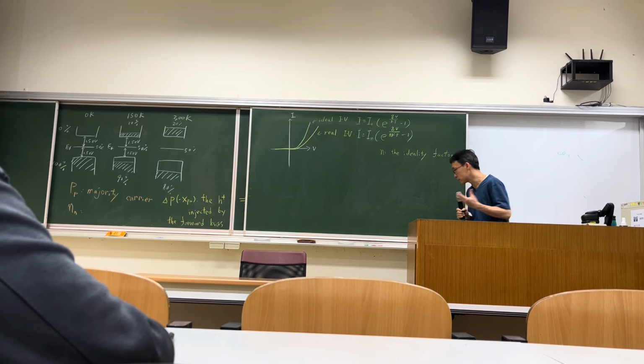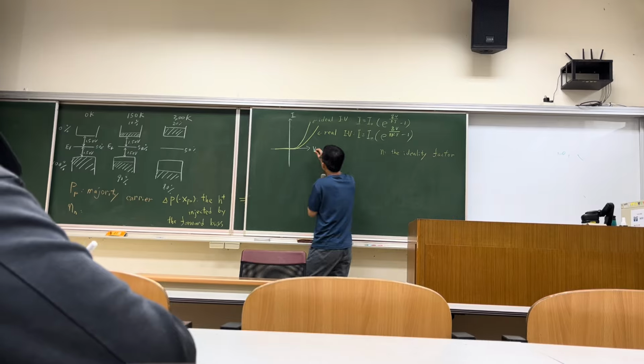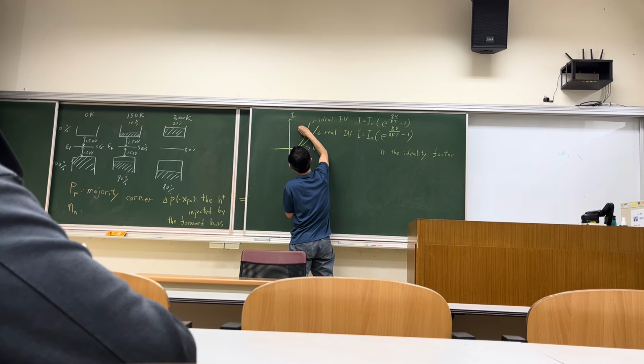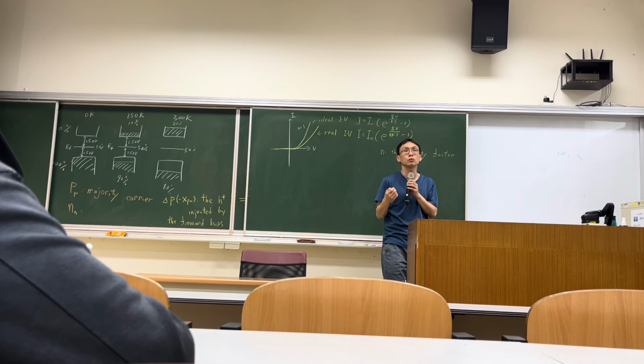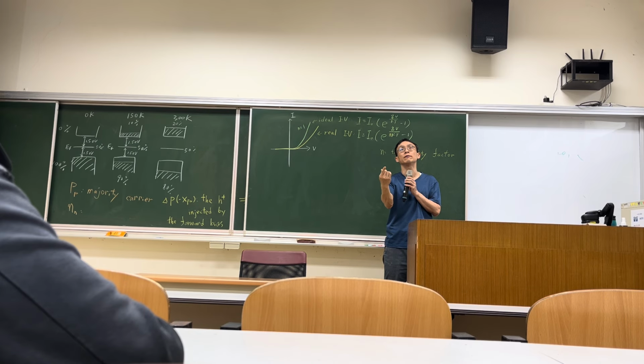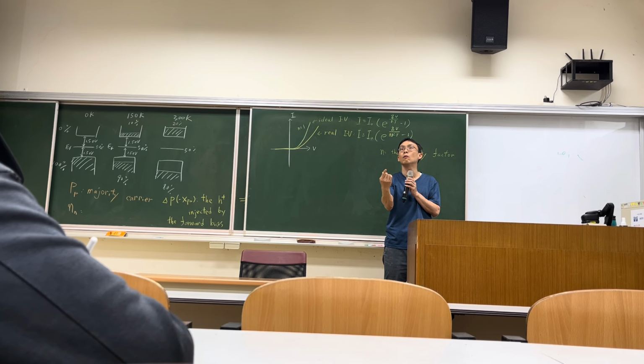Now you know why n is put in the denominator of exponential term, right? In ideal case, we can say, oh, this line is very steep because you have the n factor equals 1, right? But in reality, you will never see this ideal IV curve. No way.